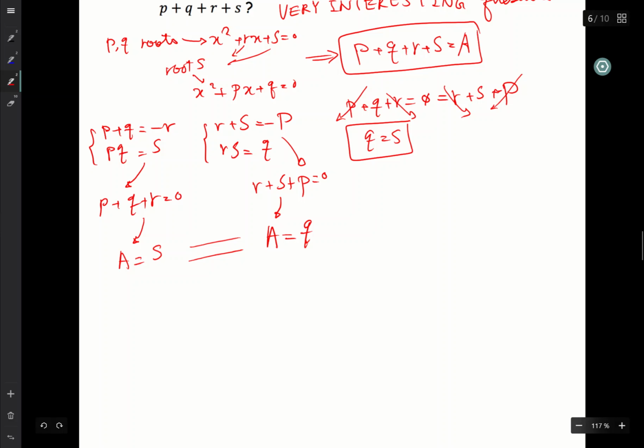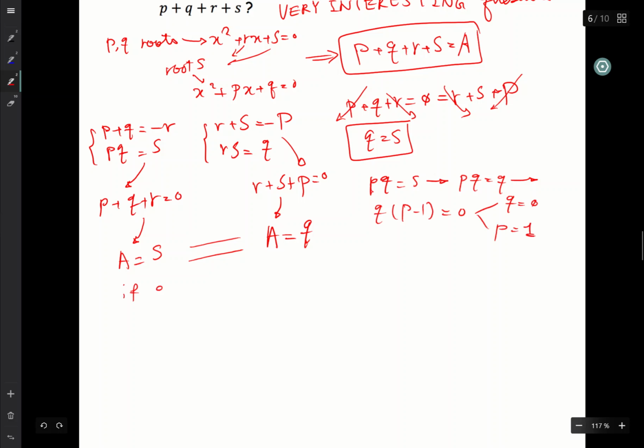And then if q and s are the same, pq equals s, therefore pq equals q. Therefore q times (p minus 1) is 0. So we have either q is equal to 0 or p is equal to 1.